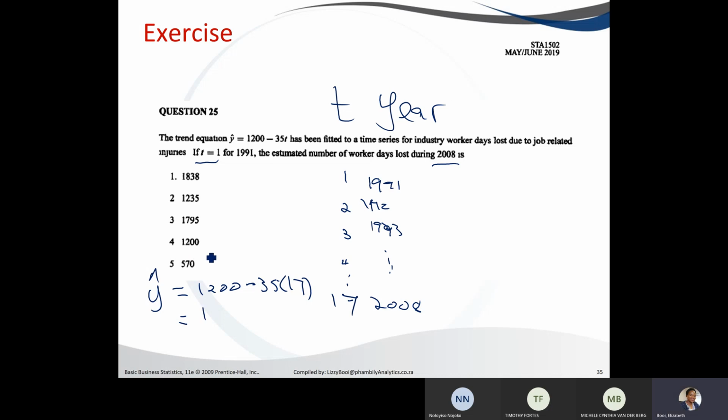Which then is 35 times 17 is 595, and 1,200 minus 595 equals 605. Did I calculate right? 35 times 17. I did.